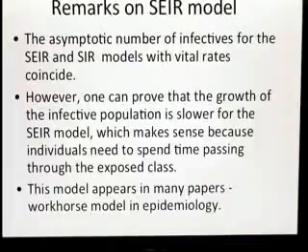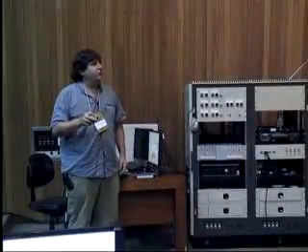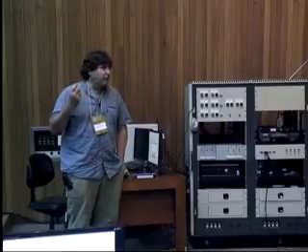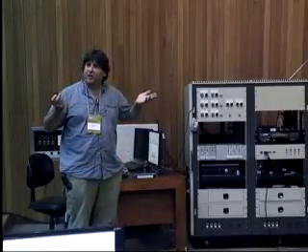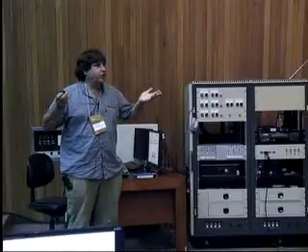That makes perfect sense because the growth of the number of infected is slower, since individuals need to spend time passing through the exposed class. Although it doesn't sound like this makes a big difference, it really does in a number of models, especially for viral diseases.